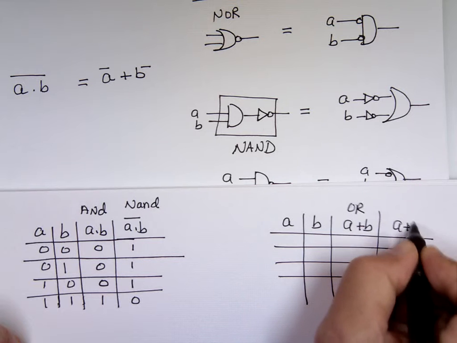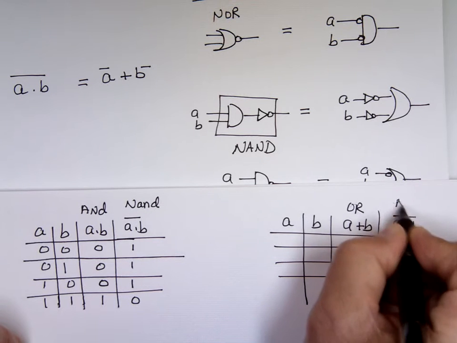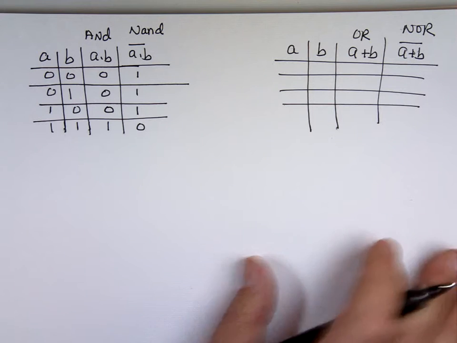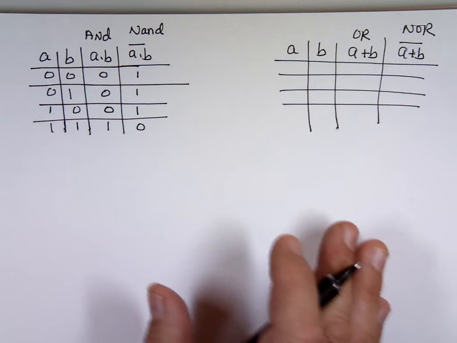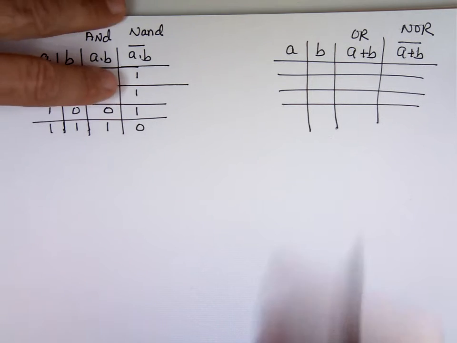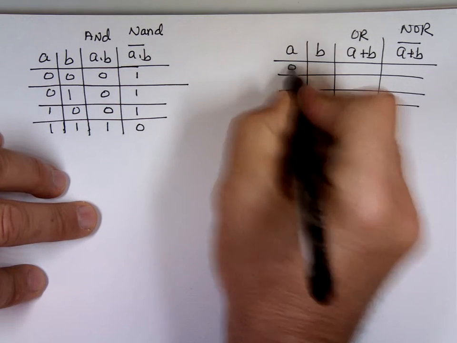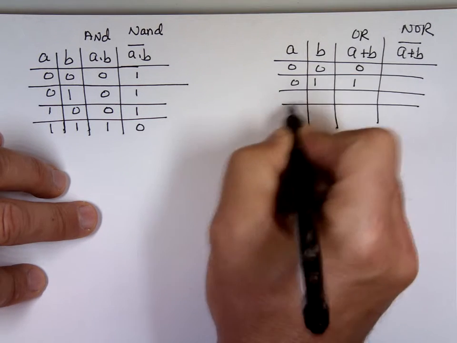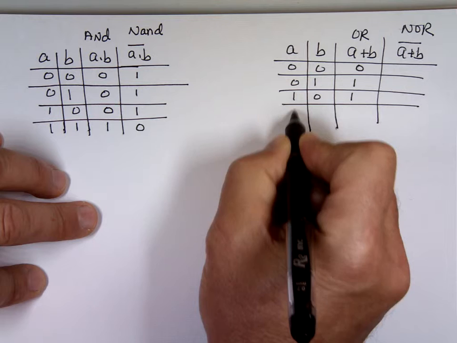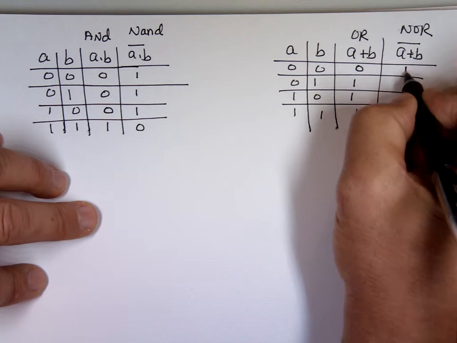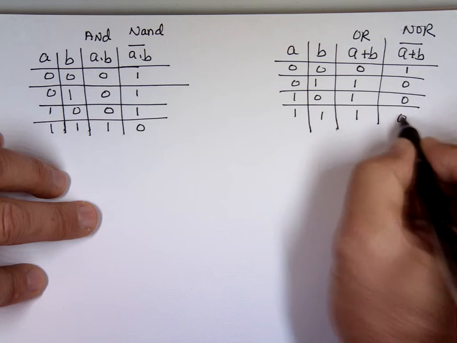A or B with the knot, that's the NOR gate. If you have 0, 0, what's the OR? 0, 1, 1, 1. Well, this is the complement of that. This is 1, 0, 0, 0.